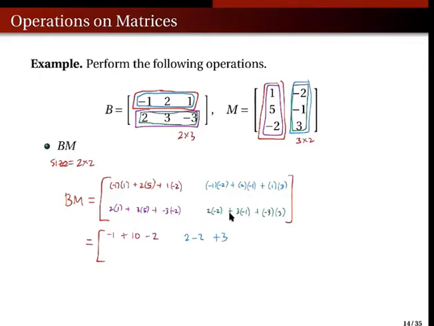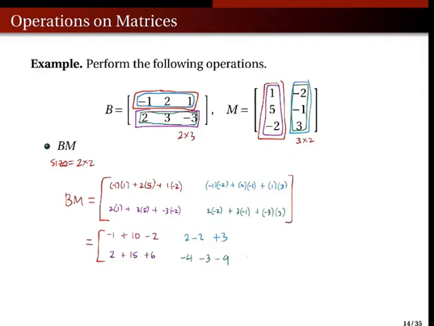And then in this guy here, you have -4 minus 3 minus 9. And then for this guy here, you have 2 plus 15 and then plus 6.